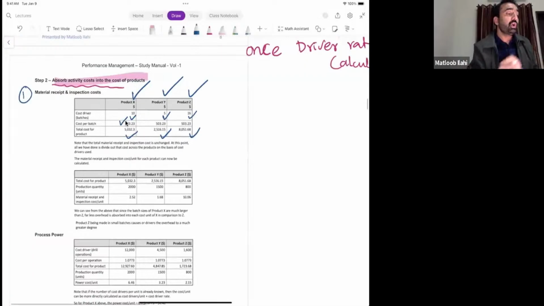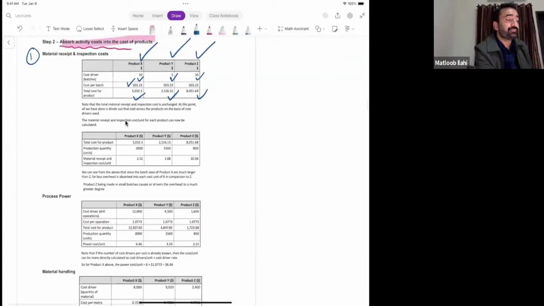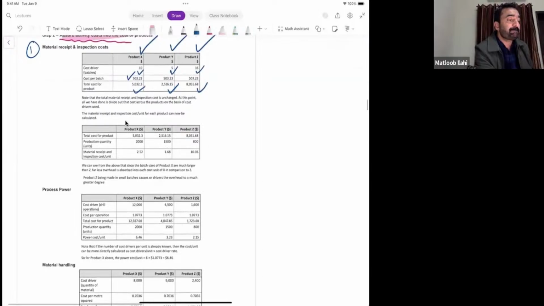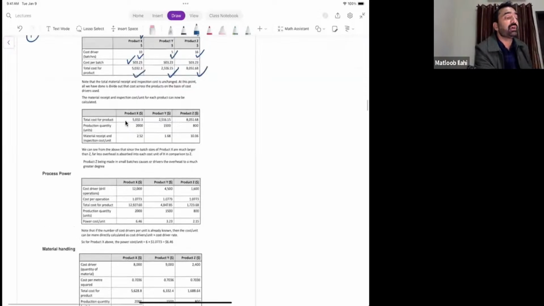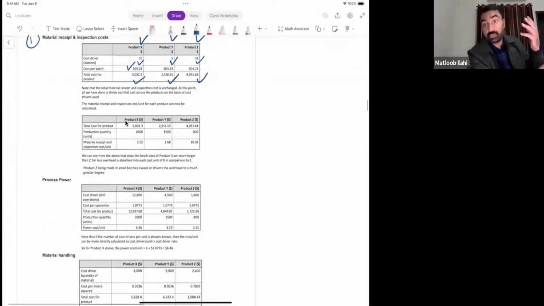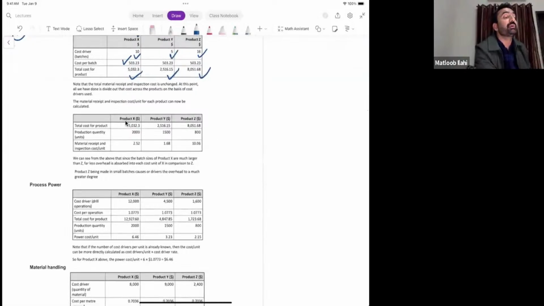Once this is done, next we can calculate this per unit as well. This is the total cost of each product divided by the number of units.